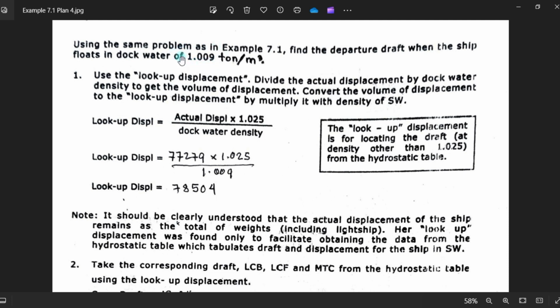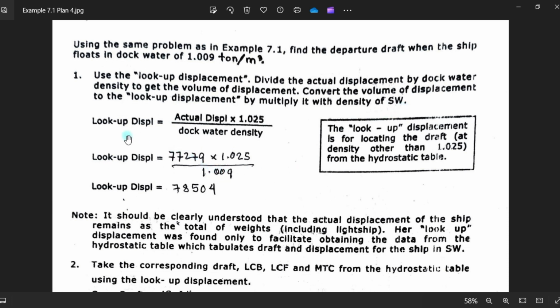So this will be the new density. What will be her departure draft? You use the lookup displacement: divide the actual displacement by dock water density to get the volume of displacement. Convert the volume of displacement to lookup displacement by multiplying it by the density of salt water.